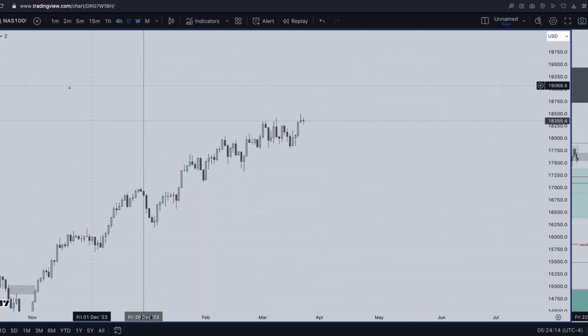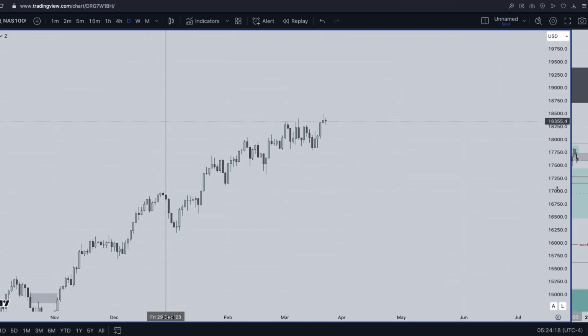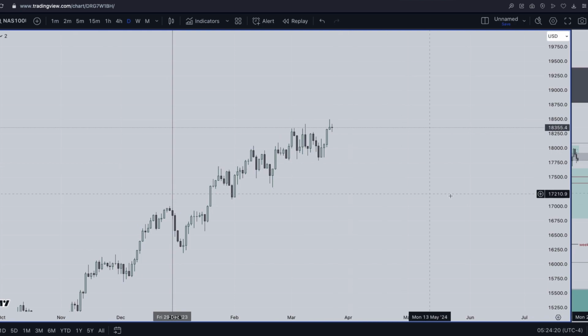So now what do we have here on daily? Daily is looking interesting, honestly. Daily is looking very, very interesting. I don't know if you're seeing what I'm seeing, but if we look at daily here, this is actually one of the things that I was studying this week. You can see that price broke above these three candles here, right?